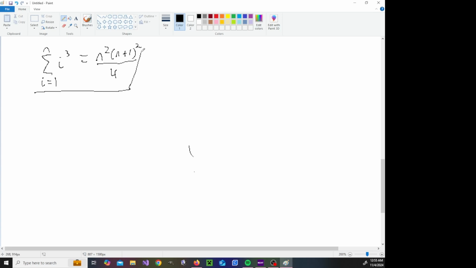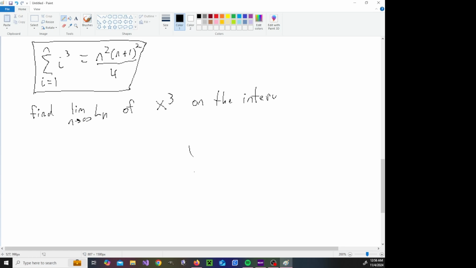So we're going to use this tiny piece of information to find the limit as n goes to infinity of Ln of the function x cubed on the interval from 0 to 1. So find the area under the curve of the function x cubed from 0 to 1, but using this definition with the area problem.